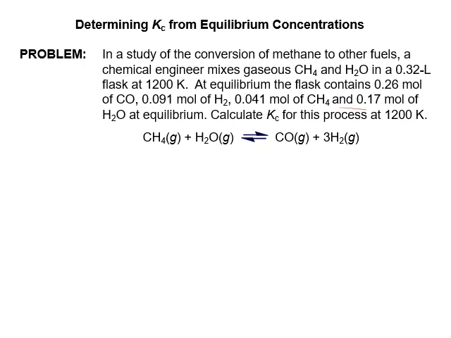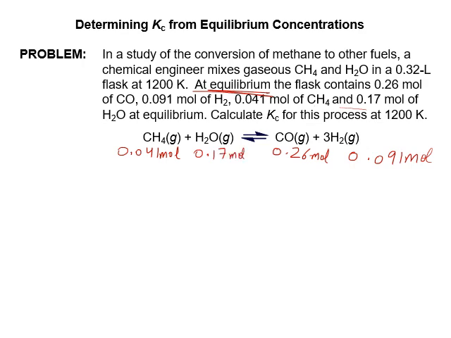So the question is basically telling us that at equilibrium, and the important words here are at equilibrium, this is the reaction that is occurring. At equilibrium, the flask consists of 0.26 moles of CO, 0.091 moles of hydrogen, 0.041 moles of methane, and 0.17 moles of water.